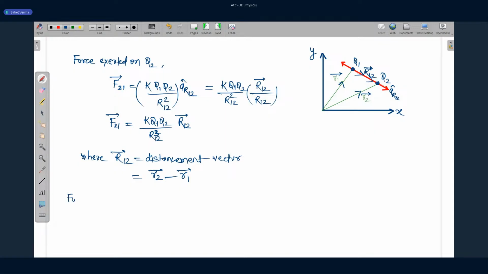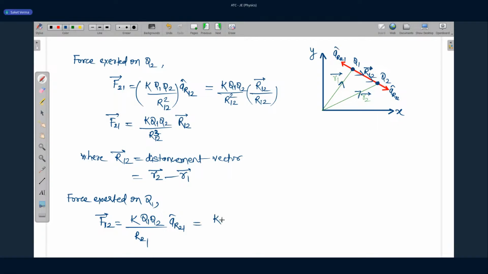Similarly, you can also write the force exerted on q1, F12. The same thing, but because we are calculating the force exerted on q1, we have to move from 2 to 1. So k q1 q2 upon r21, the vector r21, and a unit vector from 2 to 1.